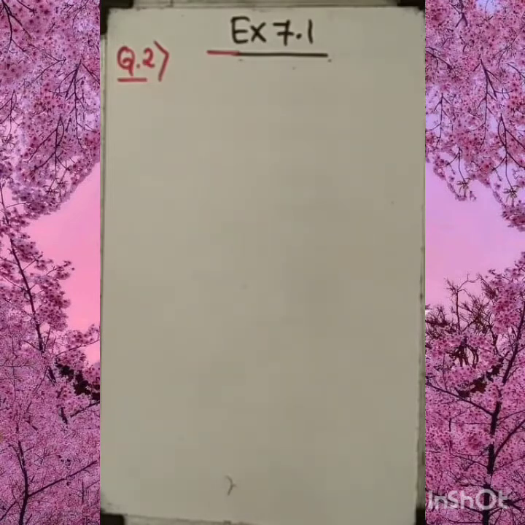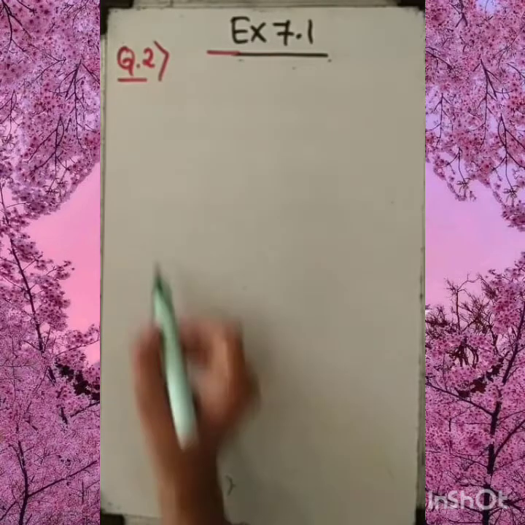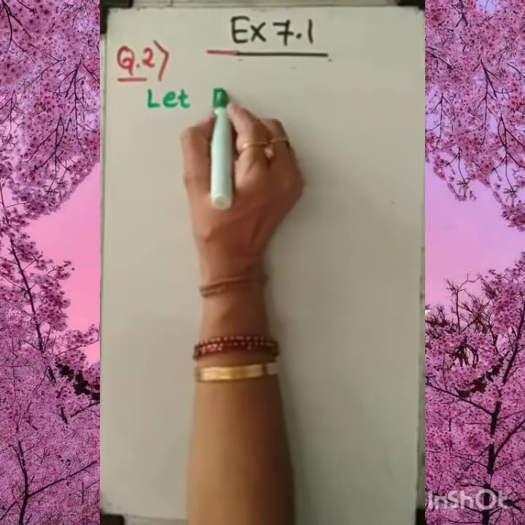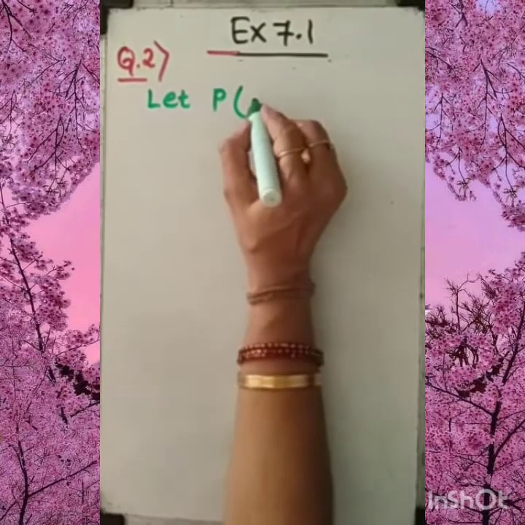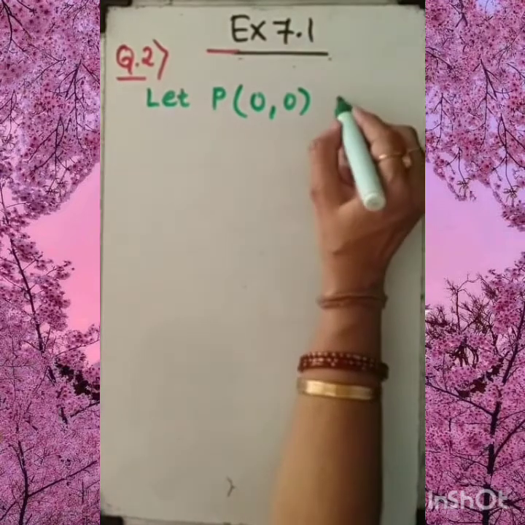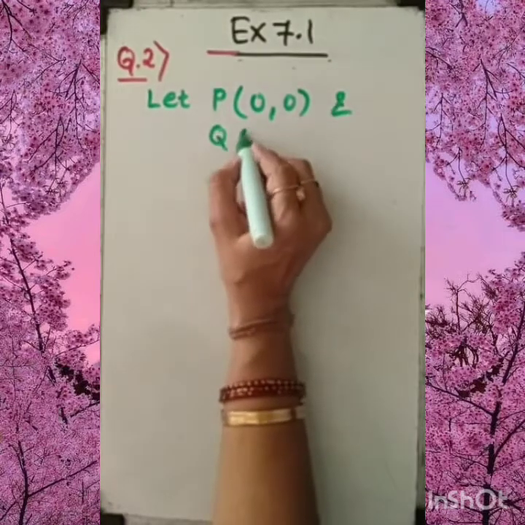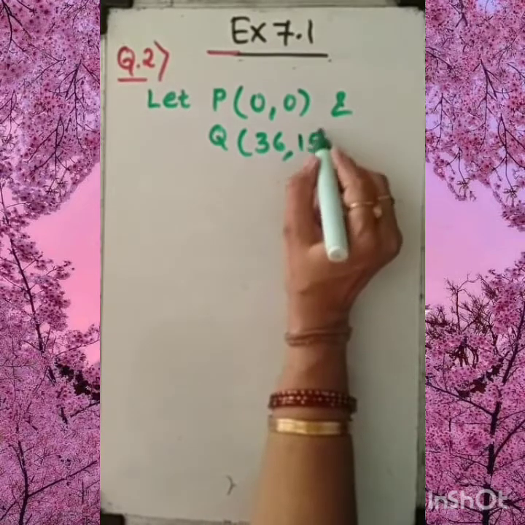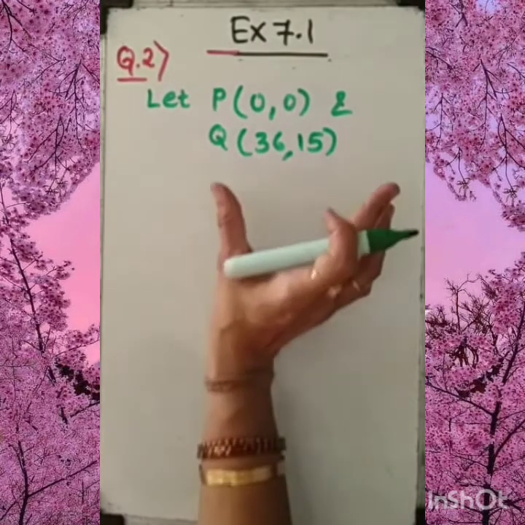As we are given here 2 points, let's assume we are starting the solution now. Let the first point be P, that is (0, 0), the origin, and another point Q, that is (36, 15). These are the 2 points that are locating the 2 towns.